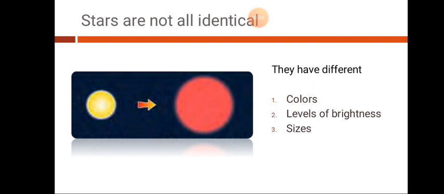We will be able to tell the ingredients of the star, that is, what kind of chemicals are there in the stars which give out that kind of radiation or light. So these are the three things we need to consider when we look at a star in the night sky: color, level of brightness, and size. Our next class slides will be on these three things, that is, how to interpret the stars based on them.